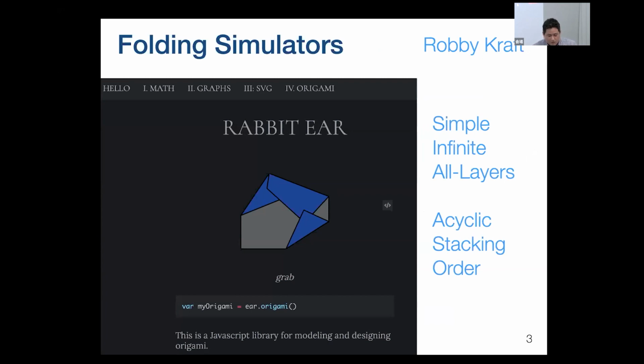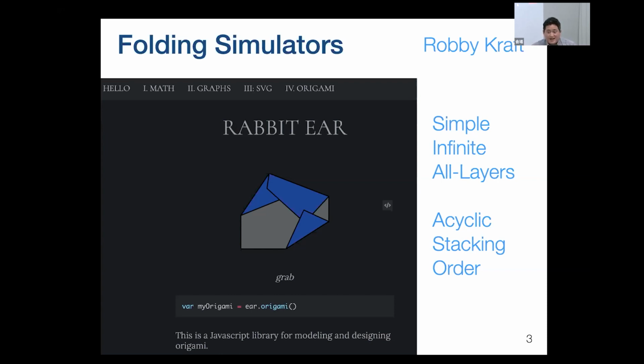People who know that literature will know what those things mean. Basically, you overlay an infinite line on your folded state, and you take all the layers on one side of that line and fold them on top of everything on the other. And that's a simple infinite all-layer folded state.